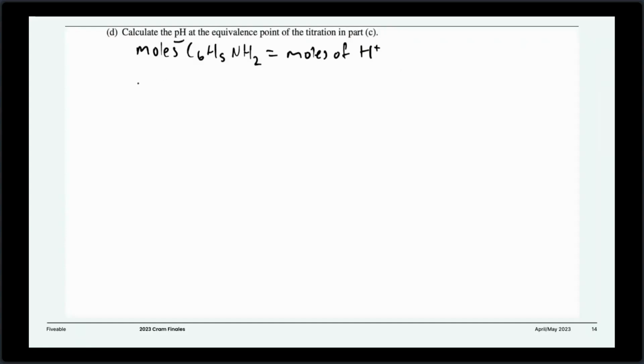So now all we do is set up our reaction, which is C6H5NH2 plus our hydrogen ion, and that's going to go both ways because we have a weak base.